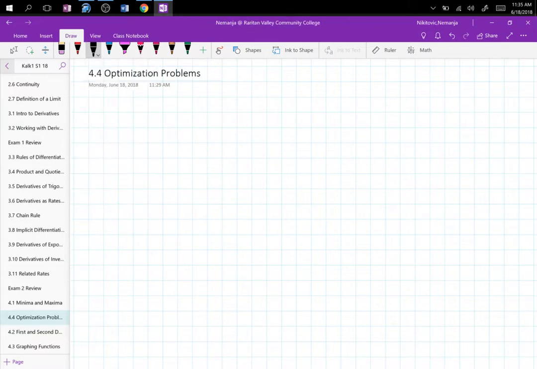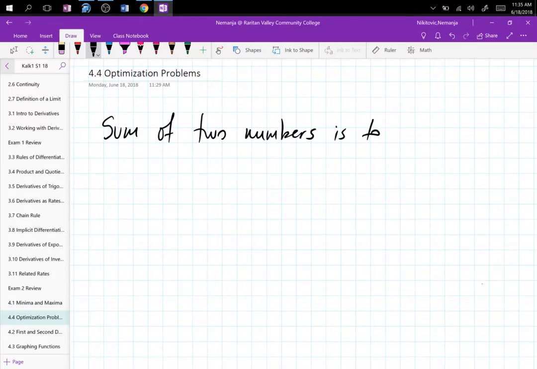So we start with the idea: the sum of two numbers is to be, let's say, 18.